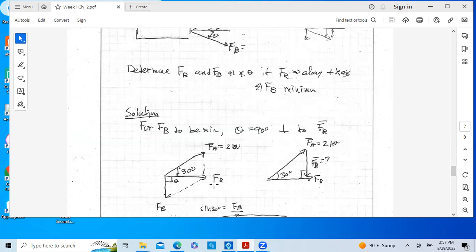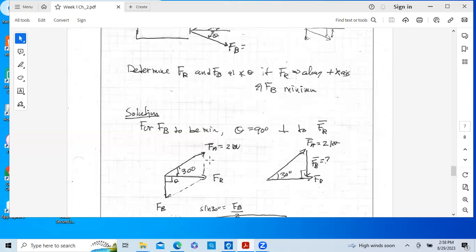F sub B has to sort of close this triangle because we know this, and the third force has to close this triangle. So if F sub B is out here, the F sub r resultant force extended out, F sub B could be here and gets its minimum.